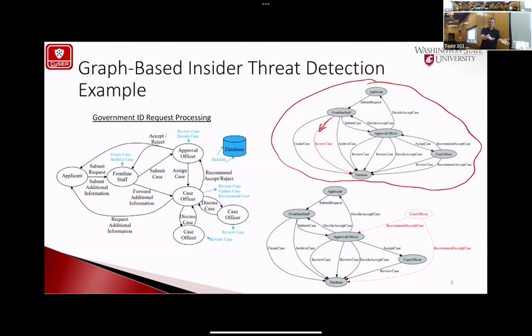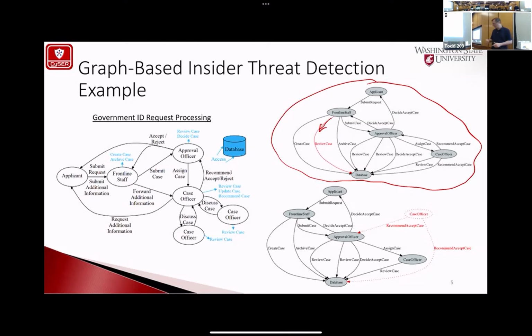The case officer would review it, report back to the approval officer, and the approval officer would make the final decision on the case. And so here the idea is that the approval officer assigns the case to this case officer, but then there's another case officer that makes the recommendation, one that wasn't assigned to the case. And so that is not what's supposed to happen.